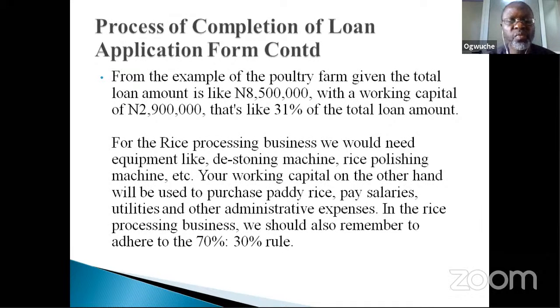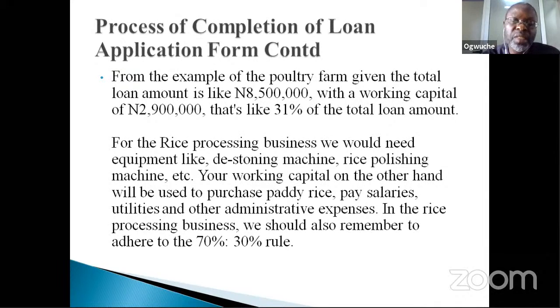If we take the example of an SME here, rice processing, we should know that rice processing is not the same as rice farming. Rice processing is the value chain of rice farming. That is the processing business. For that one, you will require equipment, which includes the stoning machine, a rice polishing machine, and the like.